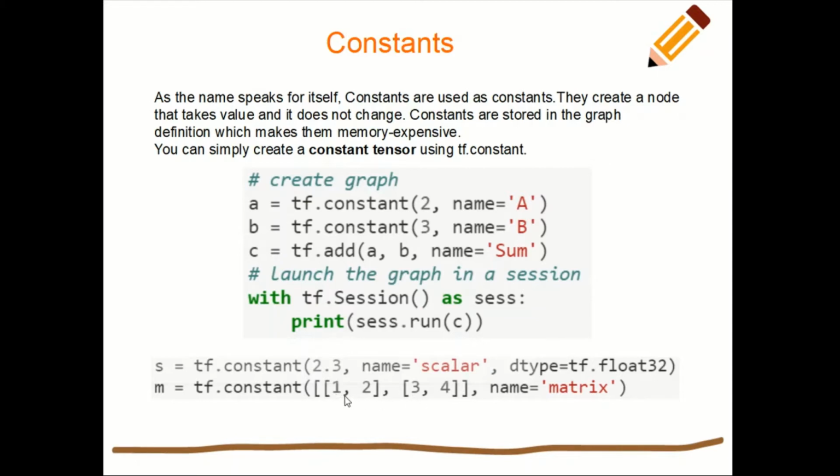There are two lists here, one is 1, 2, another is 3, 4, so we have a list of lists, and we create a tf constant out of it. What we get out of this is a matrix. We will discuss a couple of attributes of this matrix as we go further.